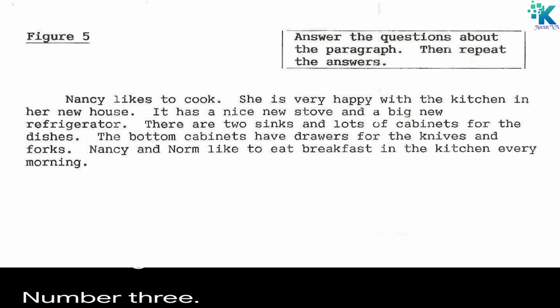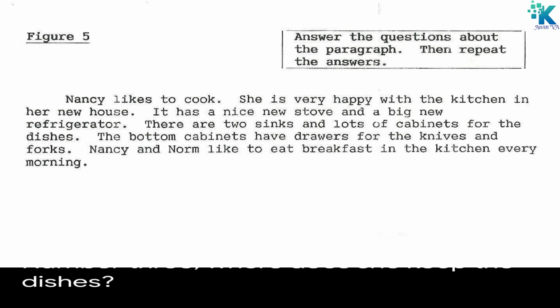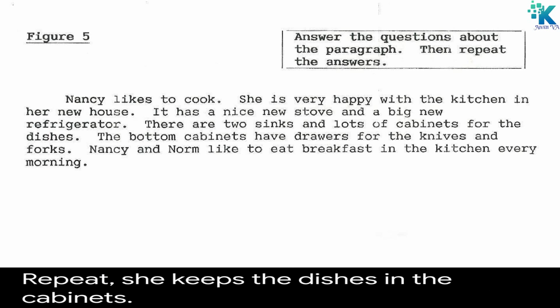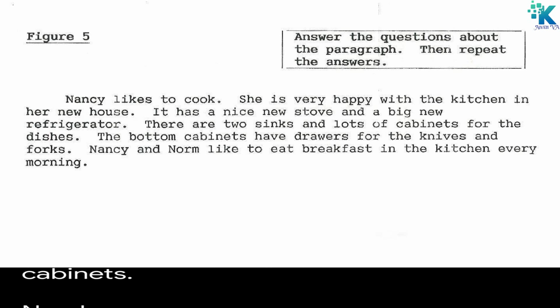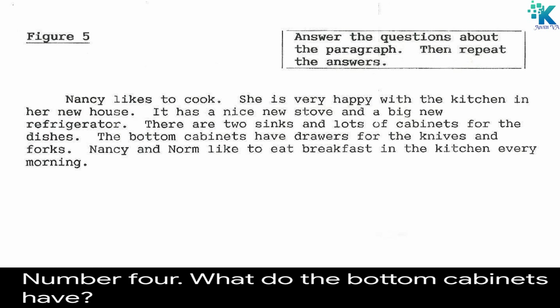Number 3. Where does she keep the dishes? Repeat. She keeps the dishes in the cabinets. Number 4. What do the bottom cabinets have? Repeat.